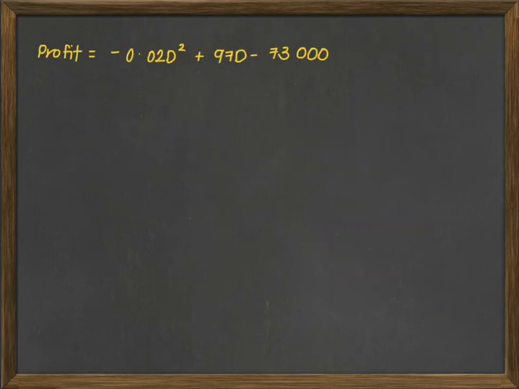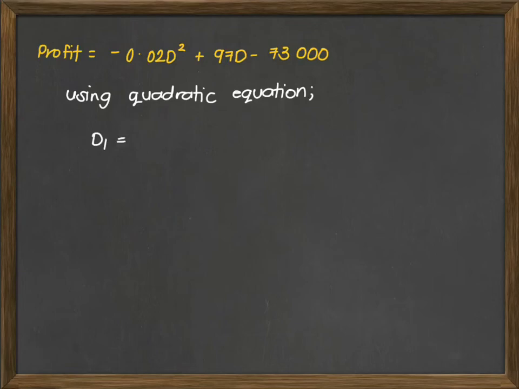Okay? Now, from our profit equation, negative 0.02D squared plus 97D minus 73,000, using the quadratic equation in your calculator, you can punch that in the equation mode of your calculator. We will get two D's, or usually x in our calculator. Usually, the first value it returns is the higher one, so the second D is what we write first as the lower value.